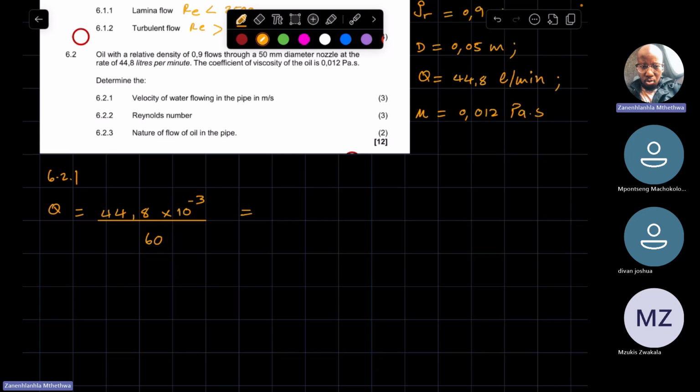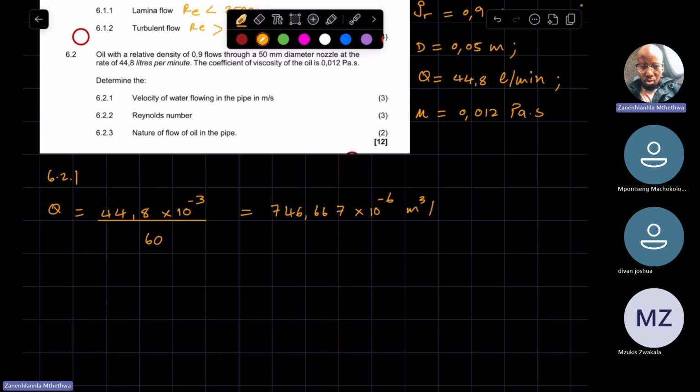So the best thing to do here is to hit your engineering notation button. If you do that, you should get 746, then round off to 3 decimal places, so 746.667 times 10 to the negative 6.